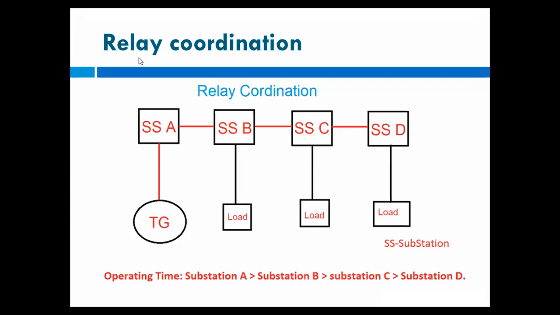At first the relay at substation D should operate first, then substation C, then substation B, and then substation A. So the relays should operate sequentially. That's why it is called relay coordination. It is nothing but relay coordination.